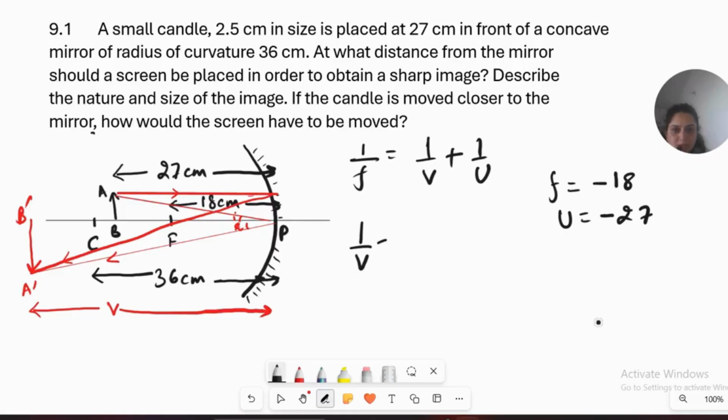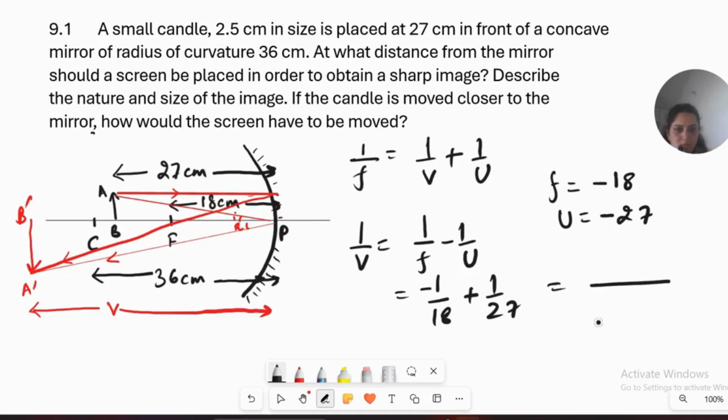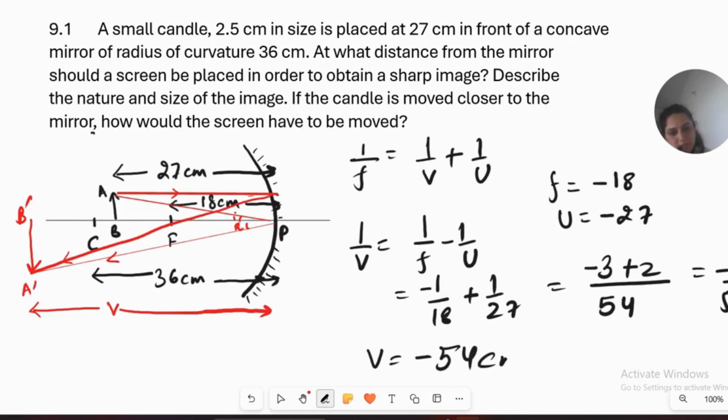So 1 by v is equal to 1 by f minus 1 by u, which is minus 1 by 18 plus 1 by 27, which is equal to, if I take LCM 54, minus 3 plus 2, equal to minus 1 by 54. So v is equal to minus 54 centimeter.